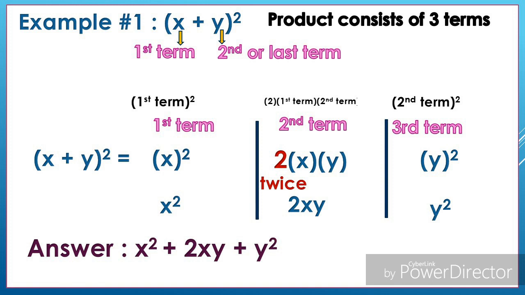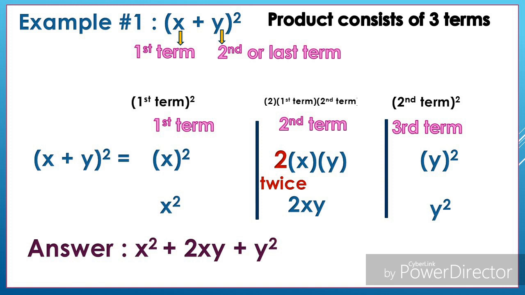Para makuha yung second term natin, we twice the first term and the second term, or 2 times the first term times the second term. Para makuha yung third term, i-square lang natin yung second term. Okay. Sa first term natin, we have x.